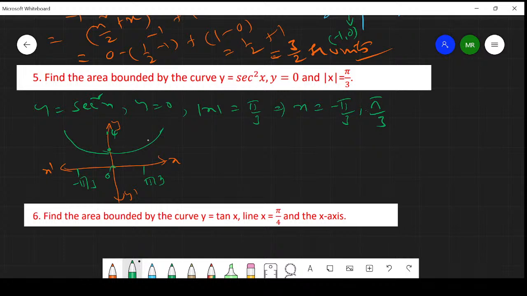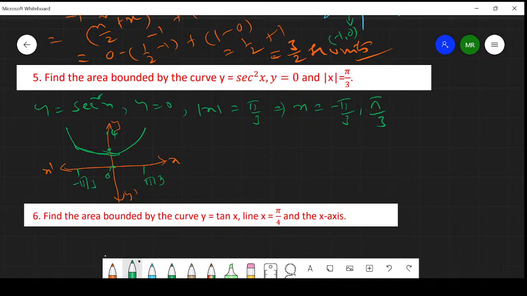Why? Because at pi by 3 exactly here, and at minus pi by 3 also, the graph will come like this. Exactly at pi by 3 you can think.